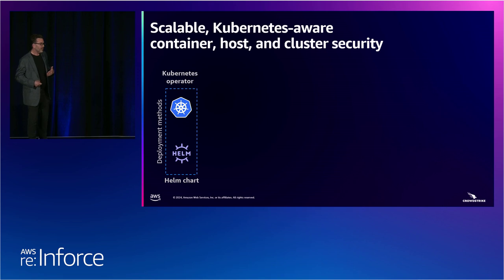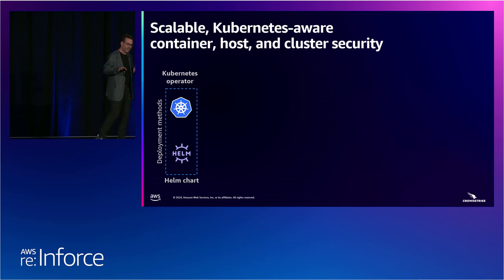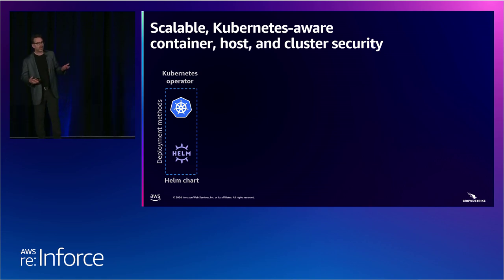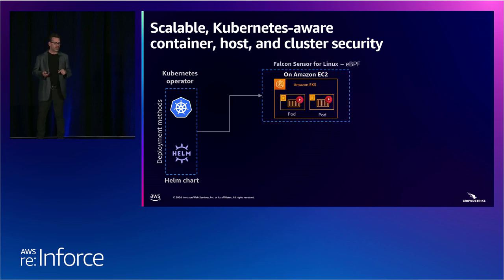We deploy our Kubernetes protection using Kubernetes native tools. So we want to make it really, really easy and transparent based upon your existing cluster operational practices. So using Kubernetes operator or Helm chart, whatever your flavor is, you deploy that ahead of time.